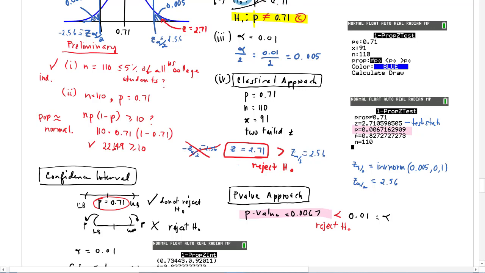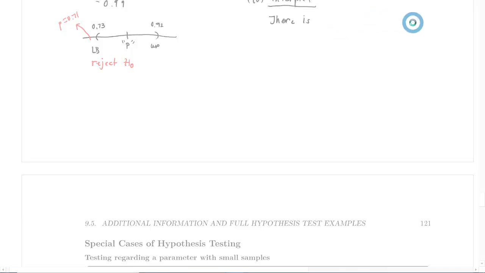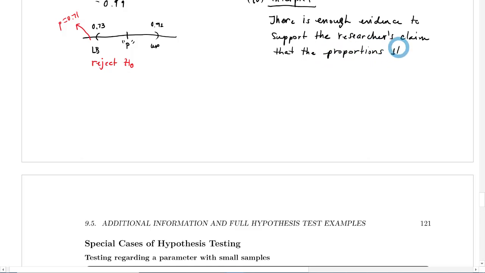So we could say that there is enough evidence to support the researcher's claim that the proportion of student workers, I should say students who work, or working students, has changed from 0.71 or changed from 71%.